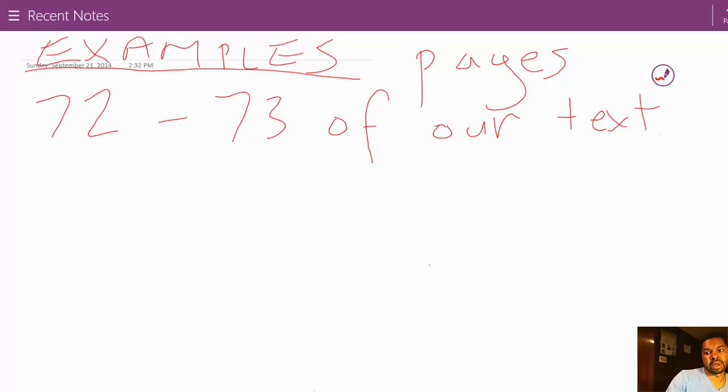Again, your textbooks are located below your chairs.